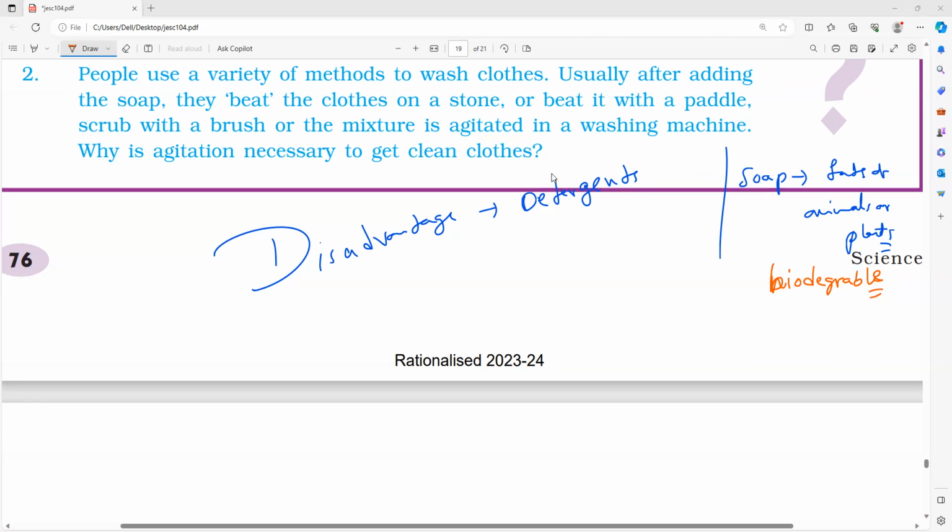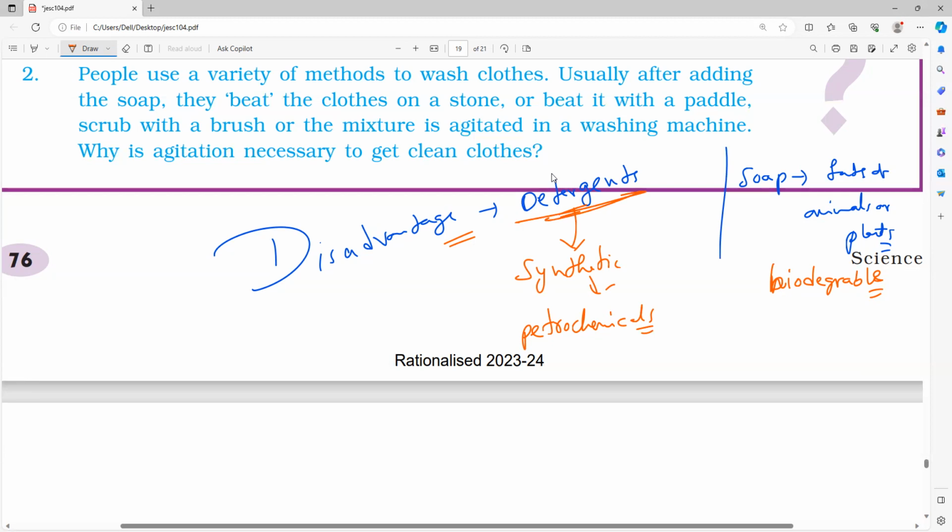But the disadvantages of detergents: they are manufactured basically from synthetic detergents, so we are using non-biodegradable substances, that is petrochemicals, for manufacturing detergents.